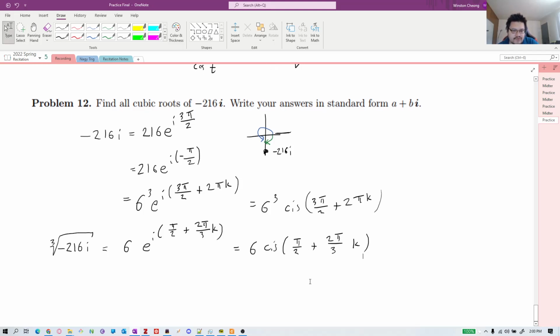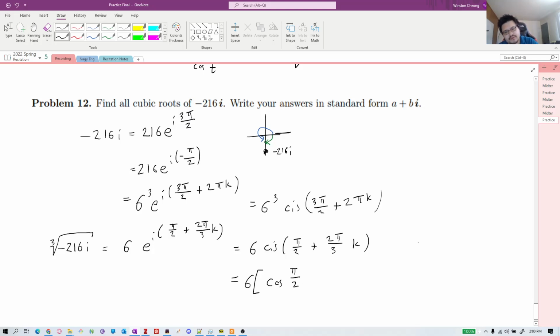I guess at this point, using the cis notation would be easier because the next thing to do is to write this in what's called standard form for a complex number, this a plus bi kind of expression. From the cis notation, we know that expanding it out, it's cosine of the angle plus i sine of the angle.